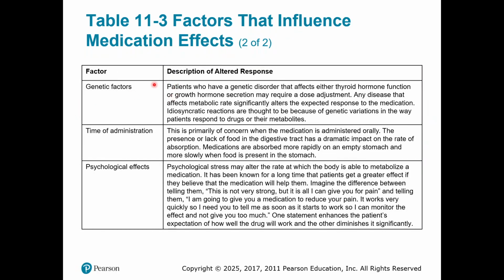Genetic factors, right? Thyroid hormone function problems there can affect how the drug reacts. The time, right? Obviously, certain drugs have shorter half-lives. Nitroglycerin's gone in 3 to 4 minutes, right? Your morphines, your hydrocodones, your pain medicines, like IV morphine usually peaks in 4 hours.